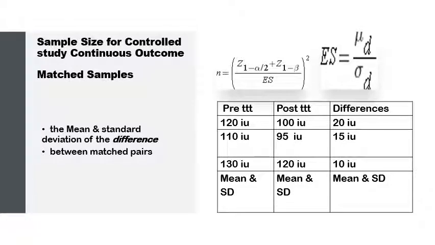One other scenario for measuring the sample size for controlled studies, continuous data, is when you are measuring the required sample size for matched samples.